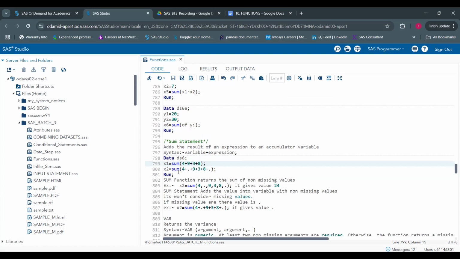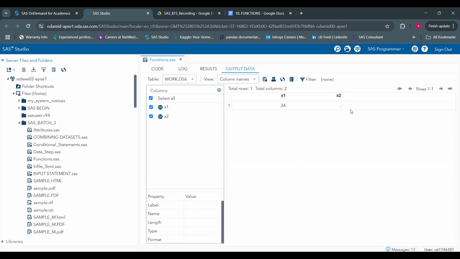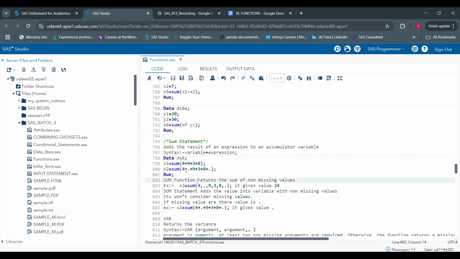This is a statement, then the missing value will not be considered. This is clear, right, ma'am? We clearly mentioned the statement, the plus symbols, right? It will be a statement.